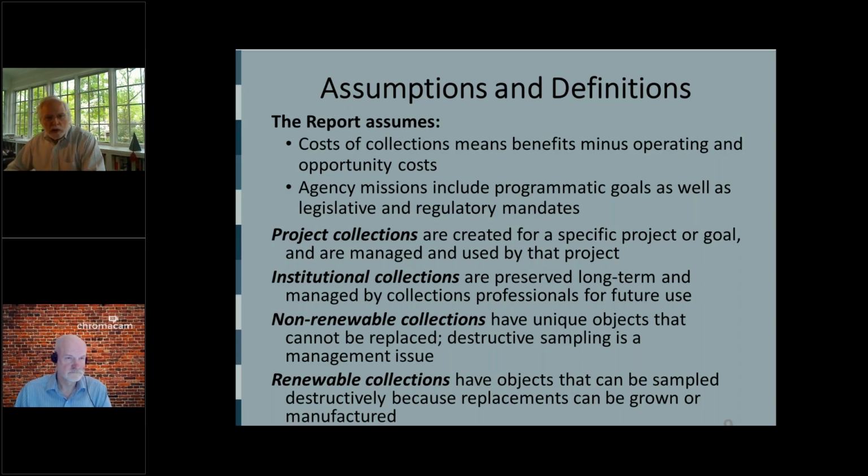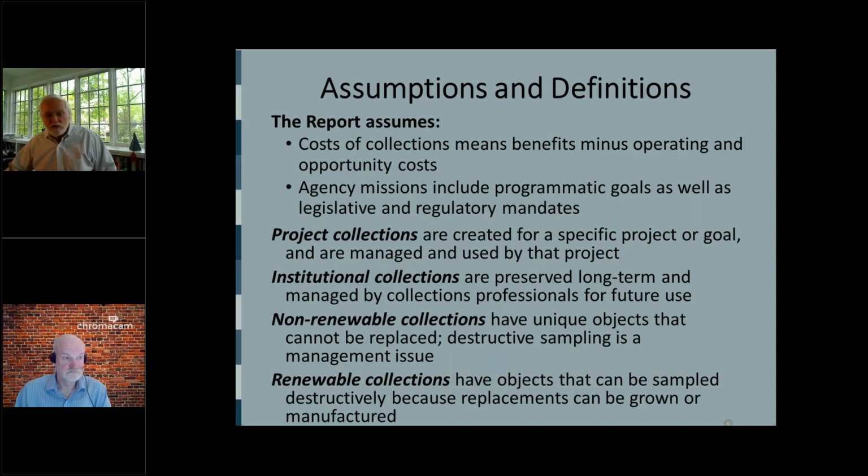Renewable and non-renewable collections is much more straightforward. Non-renewable collections are unique objects. They're dead, they're not reproducing, they're unique, they can't be replaced. And so destructive sampling is a big management issue. Do you use up the last little bit of a sample in an analysis knowing that that's the last bite at the apple? Renewable collections, on the other hand, are self-perpetuating or can be perpetuated.